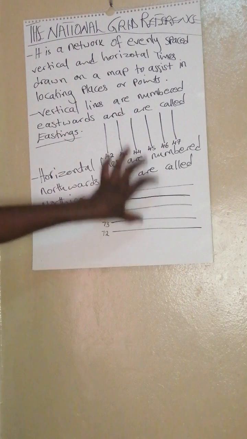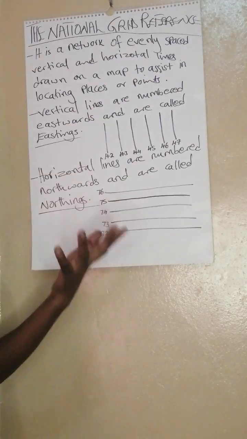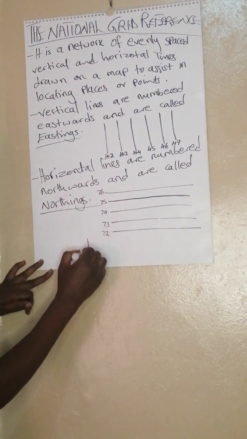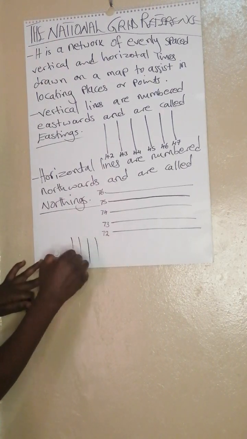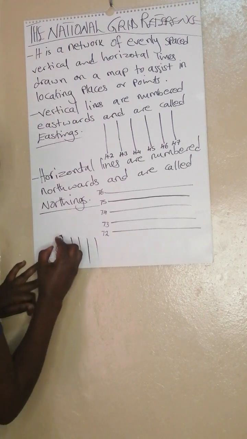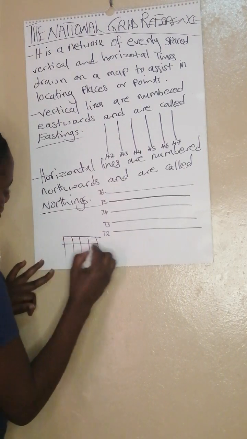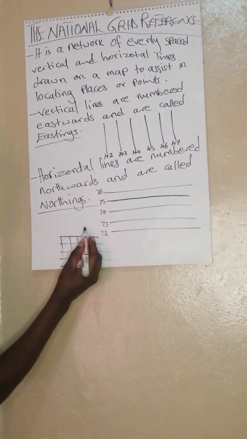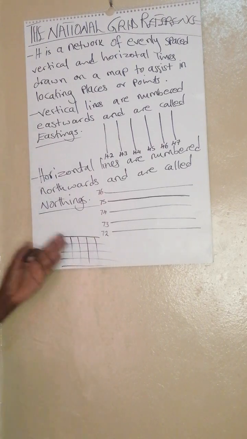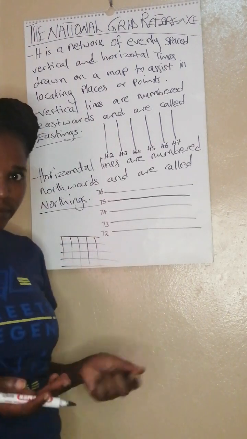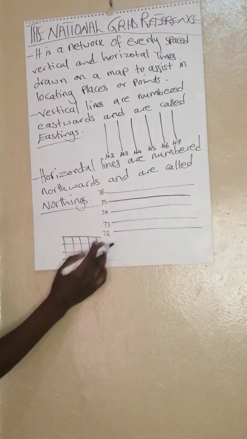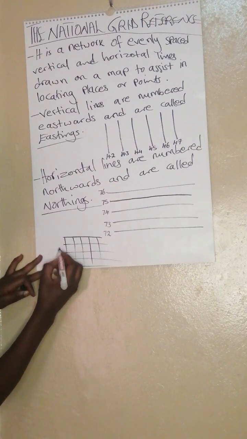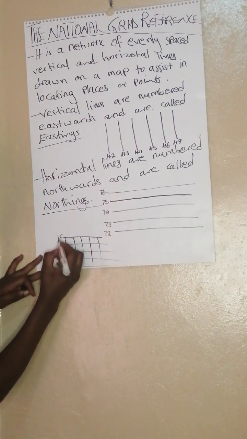When these two types of lines are combined, we have something like this: eastings, then northings. Because they are crossing each other, they form squares. These keep their numbers: 72, 73, 74, 75, 76.